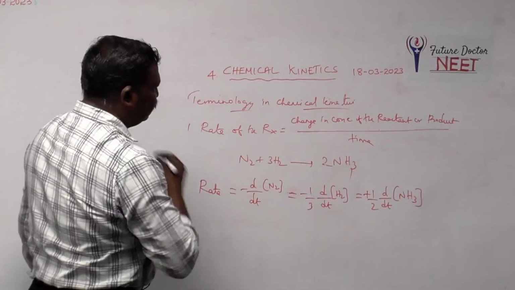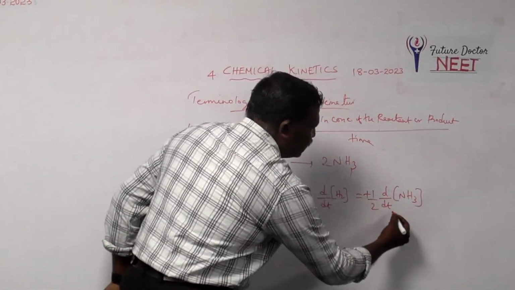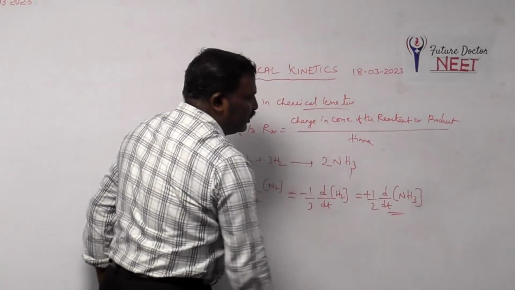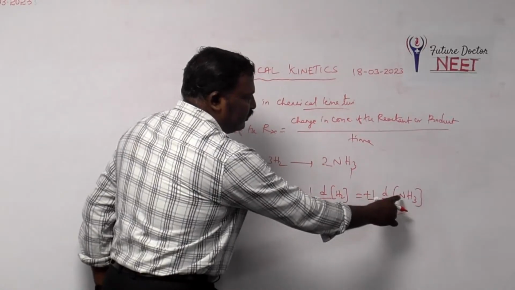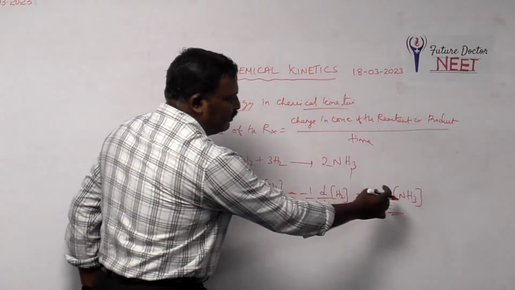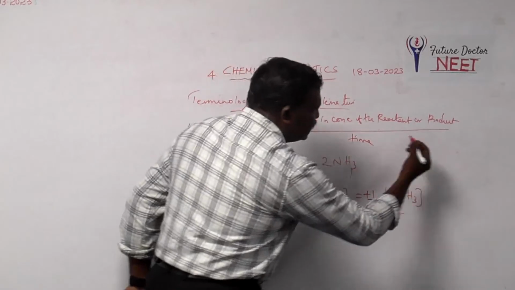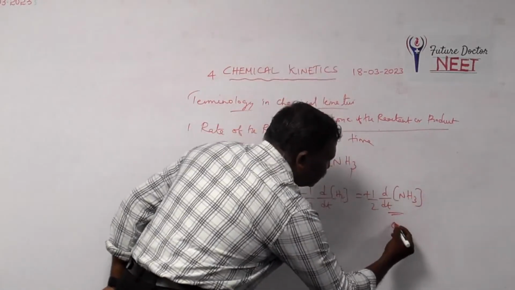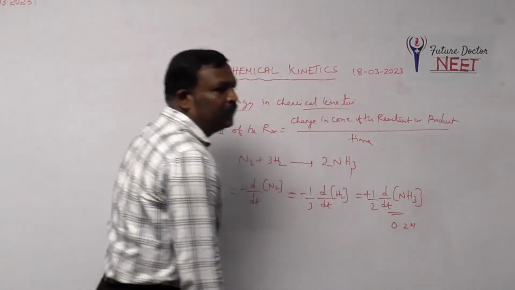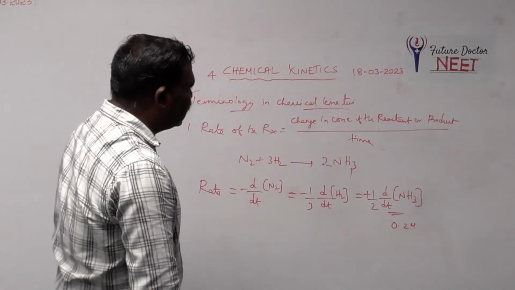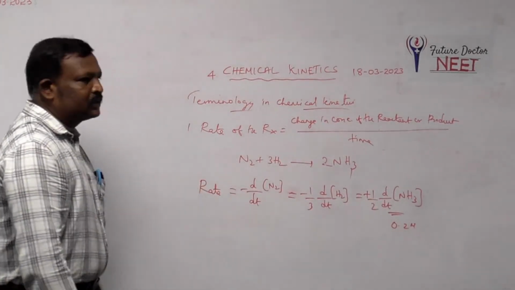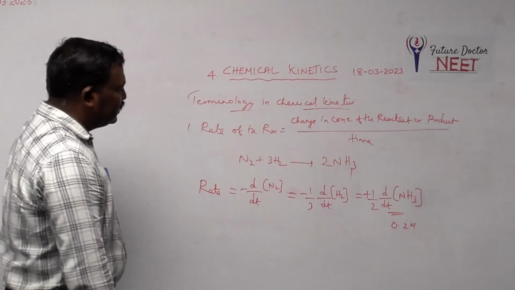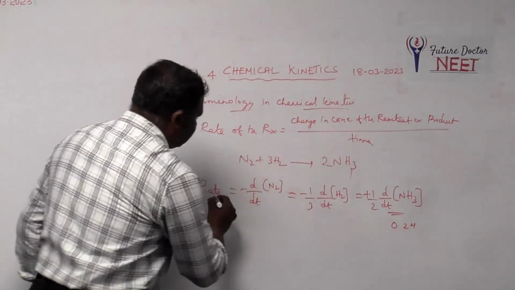Suppose this value is given. Suppose the rate of formation of ammonia is given. For example, it is 0.2. I simply write it. Understood. What is the rate of reaction, they will ask. Suppose here you just compare.